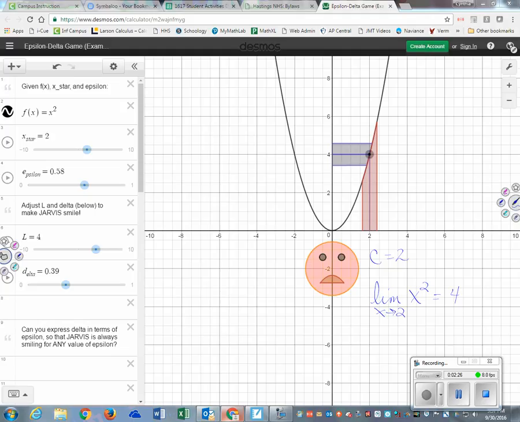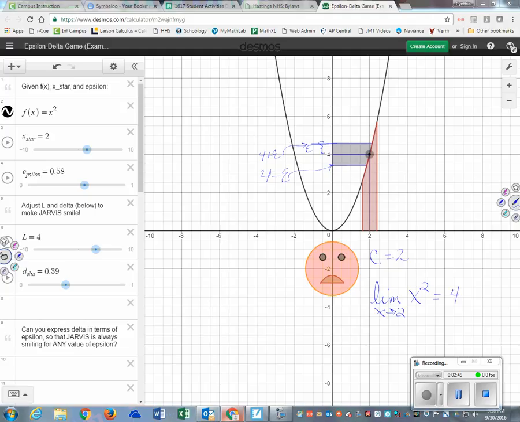If I have a certain amount of accuracy I want of my output, this would be my epsilon. So I could be 4 plus epsilon, and that would give me this higher output range, or I could be 4 minus epsilon, and that would give me my lower output range.